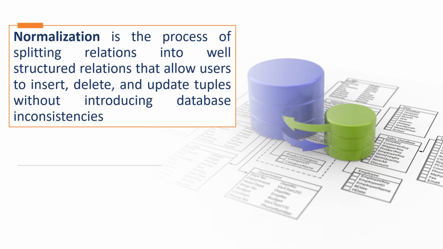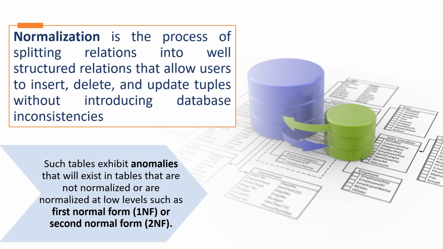So we need to understand what normalization is. Normalization is the process of splitting relations into well-structured relations that allow users to insert, delete, and update tuples without introducing database inconsistencies. Tables with anomalies exist where tables are not normalized or are normalized at a low level, such as first normal form or second normal form.